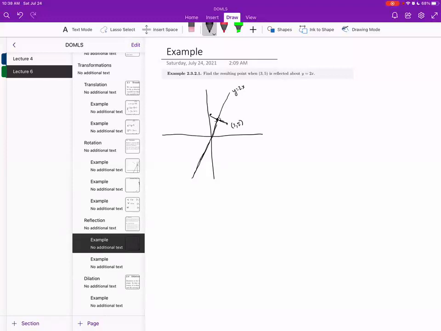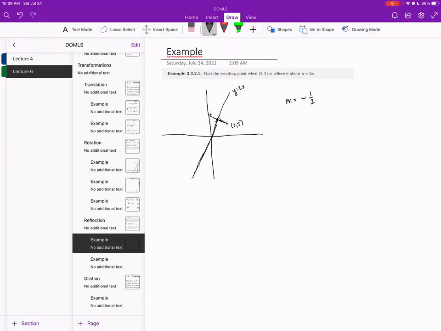We know that this line is perpendicular to y equals 2x, so its slope m is going to be negative 1 over 2, the negative reciprocal of this slope. So our equation is going to be y equals negative 1 over 2 x plus b. But rather than use that form, we can also just use point-slope form and then solve for the y-intercept form.